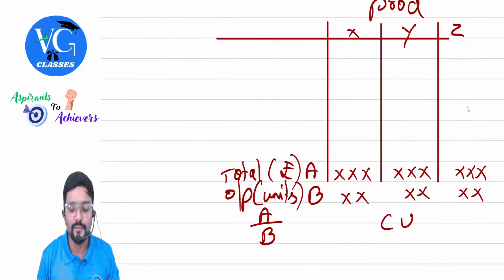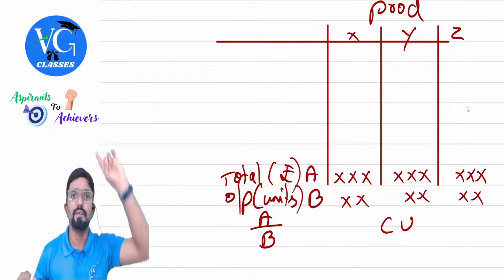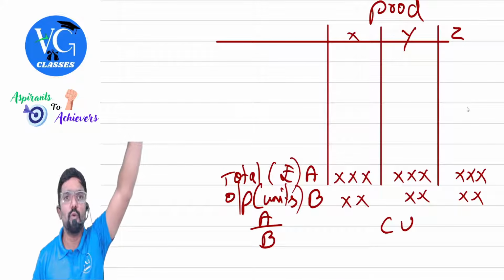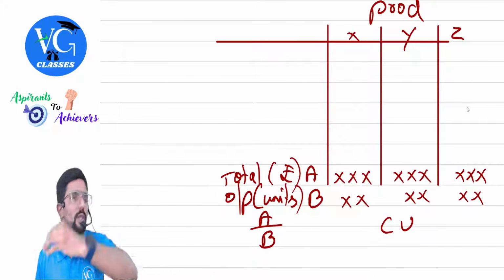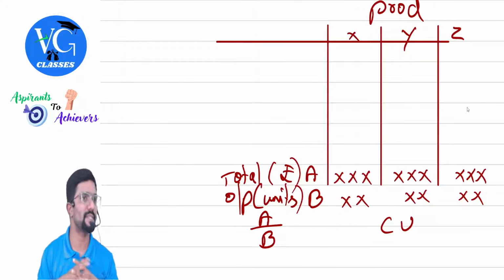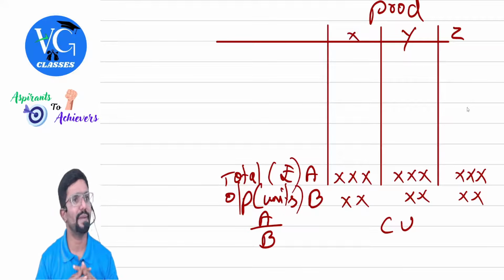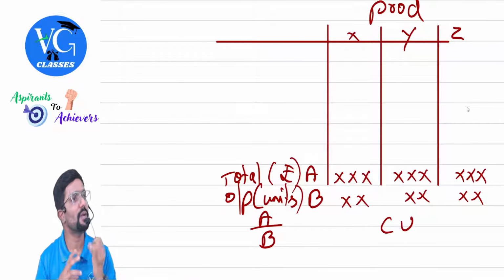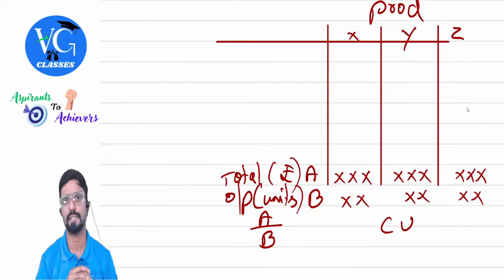Guys, listen now. First, we calculated the cost of each production department. This is nothing but what we do in the overhead chapter. Here, in the overhead chapter, first we will distribute all the overhead costs to whom? To the production department as well as service department. If it is a specific overhead, right away do assignment. If it is a general overhead or common overhead, you will do apportionment using certain basis.